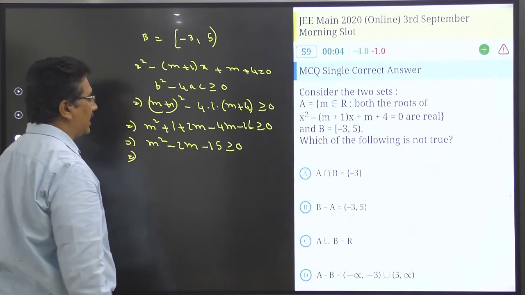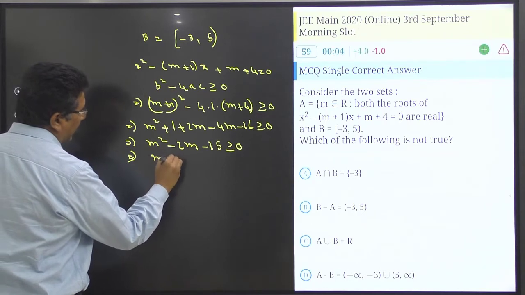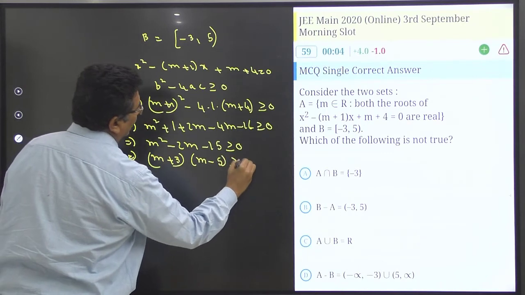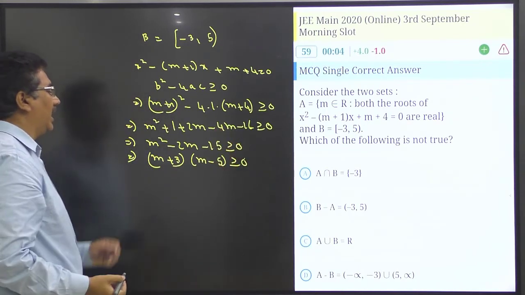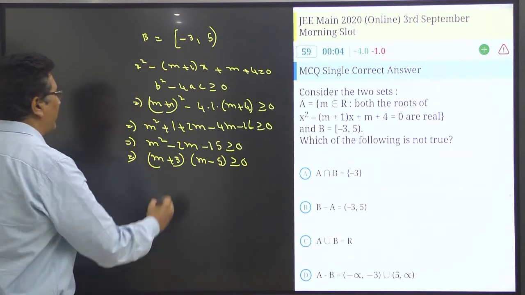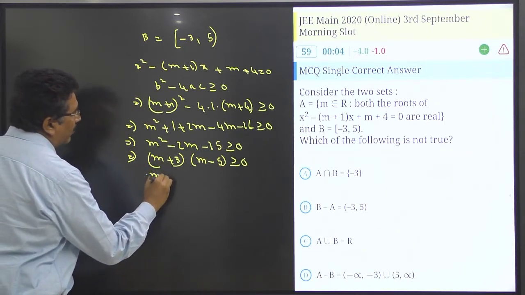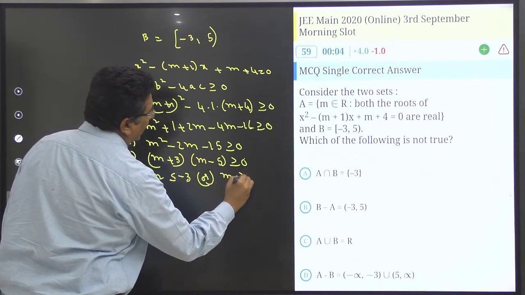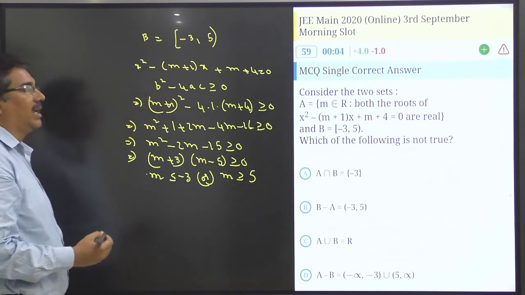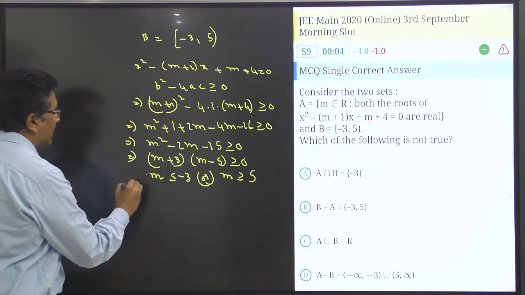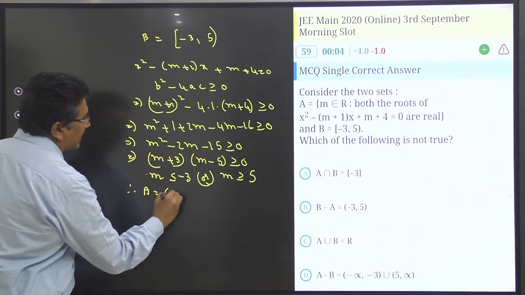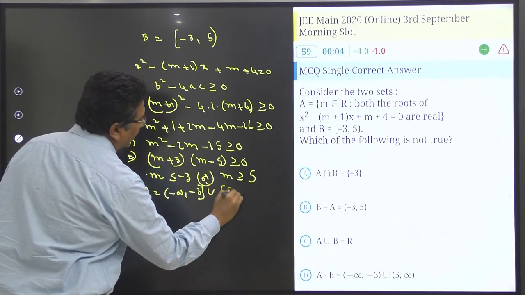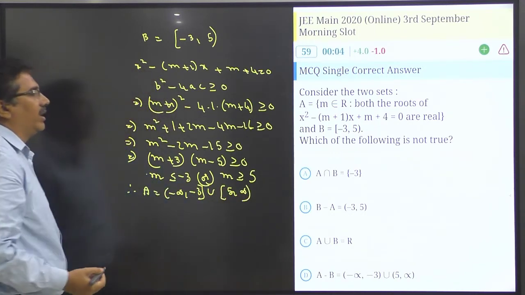Now factorize this: (m plus 3)(m minus 5) is greater than or equal to 0. From this, m is less than or equal to minus 3 or m is greater than or equal to 5. Therefore, set A is (minus infinity, minus 3] union [5, infinity).